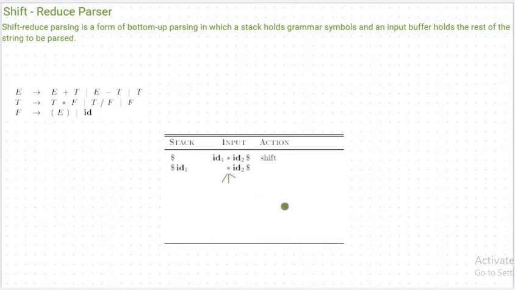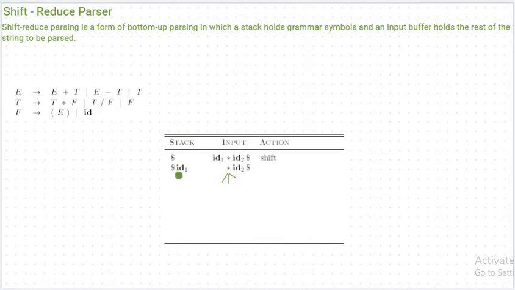The current symbol is star, and in your stack you have some content. Next you have to check whether the topmost symbol matches some production rules. What I'm trying to tell is you just try to have a handle.